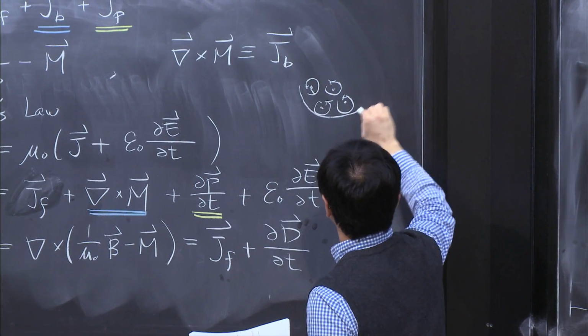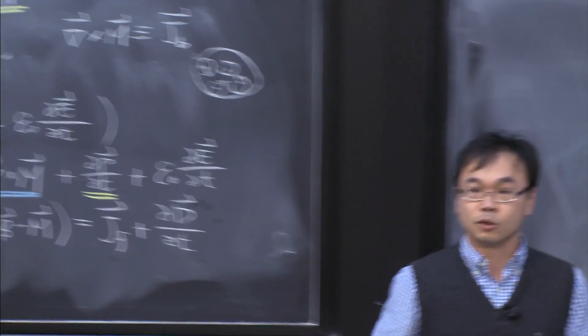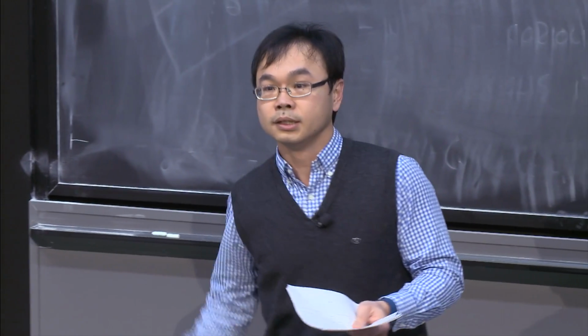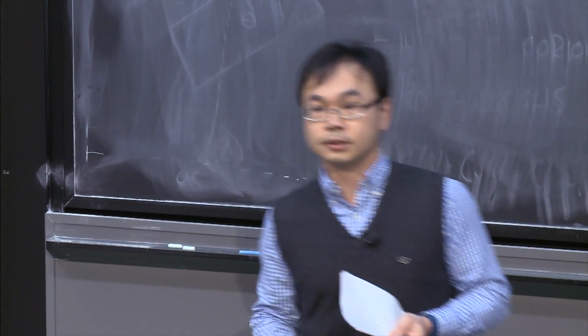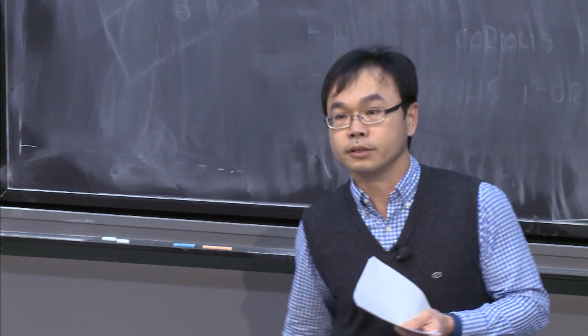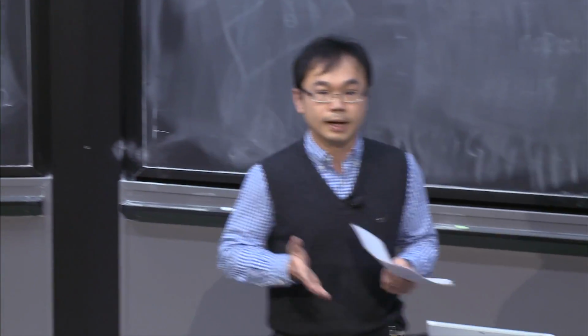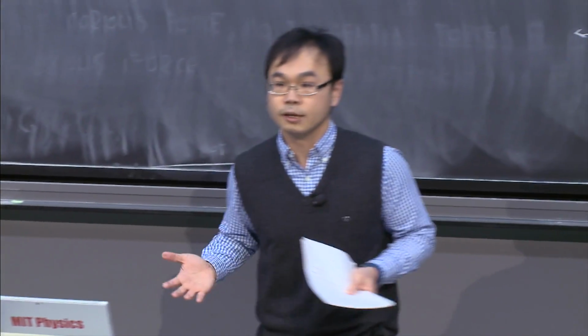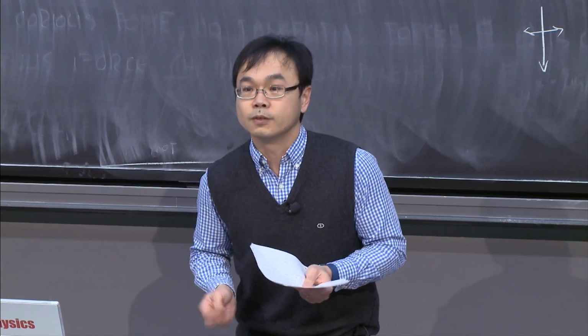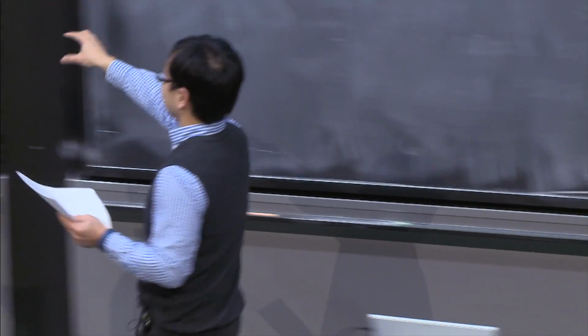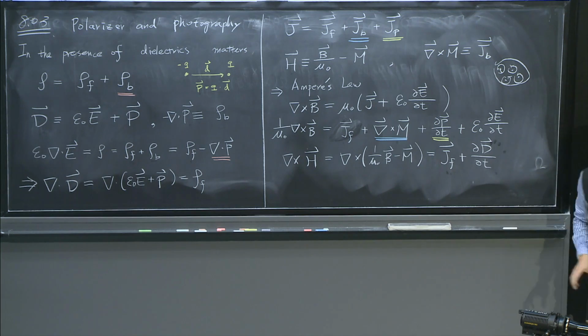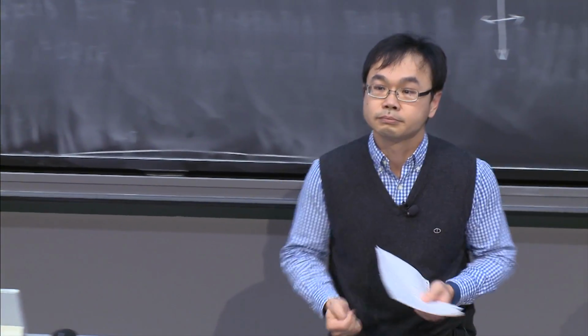So therefore, if you do an integration, it becomes a total bound current, which is actually happening around the surface of the dielectric material. So it depends on what you mean by how this bound current actually moves. You do have little ones, and if you do the integral, then it becomes a surface bound current.